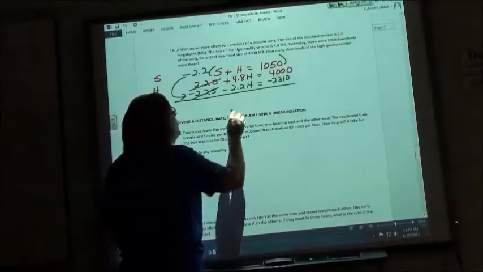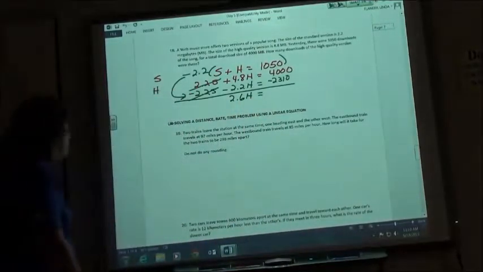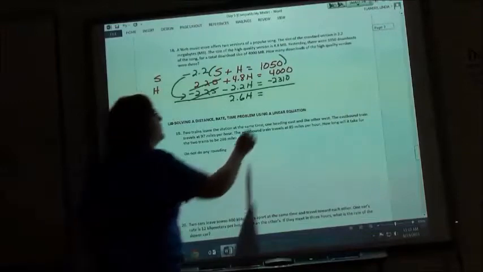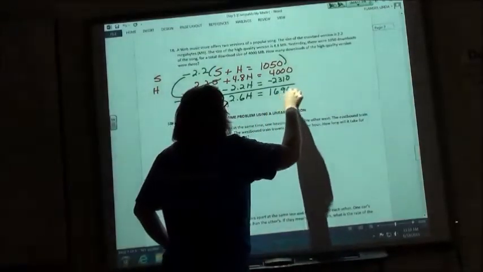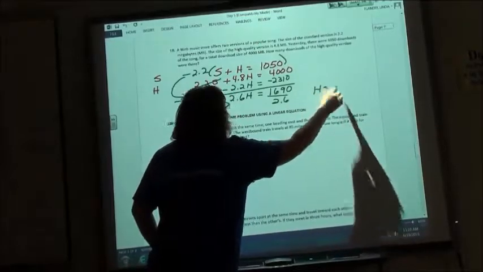4.8 minus 2.2 would be 2.6H. And then I have to take my 4,000 minus my 2310, 1690. So in order to solve that, of course, I'm going to divide.